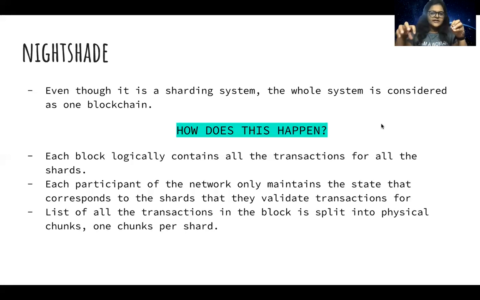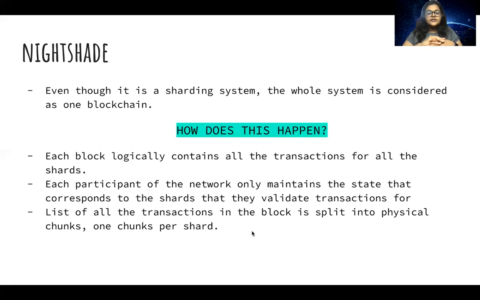So you have all these shards, right? Now, the transactions that are happening in these shards are put together into the blocks, and the blocks then get added to create the bigger blockchain, right? So what happens in this case is that you're also ensuring scalability, because each participant of the network only maintains the state that corresponds to the shard that they validate transactions for.